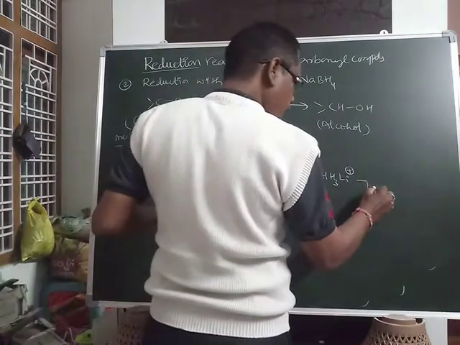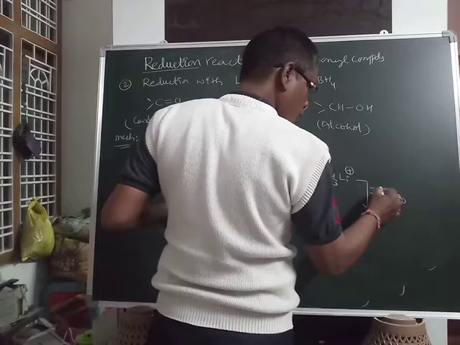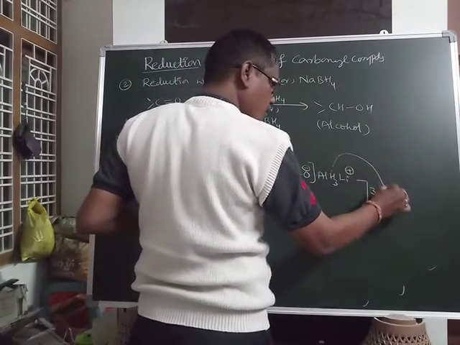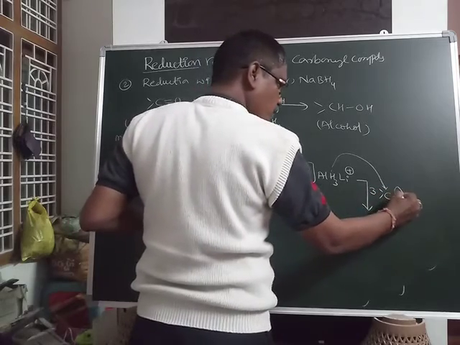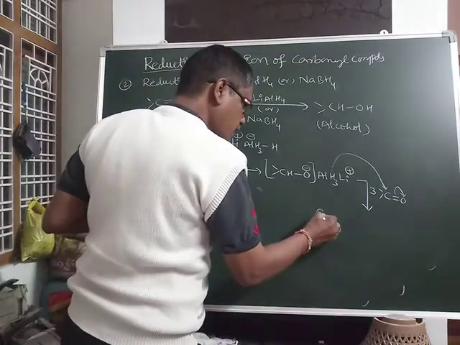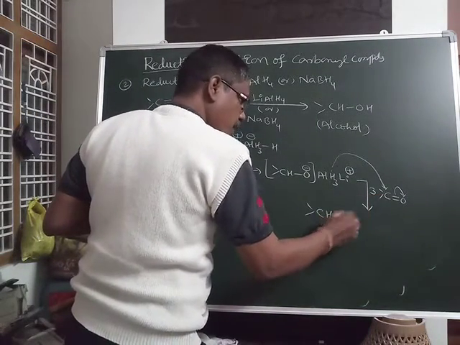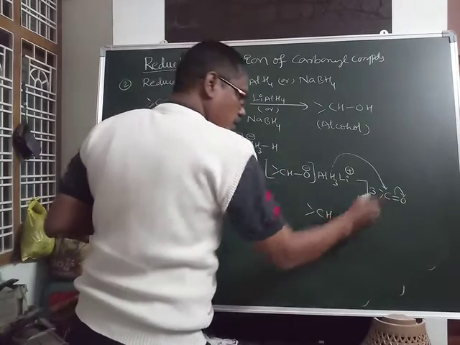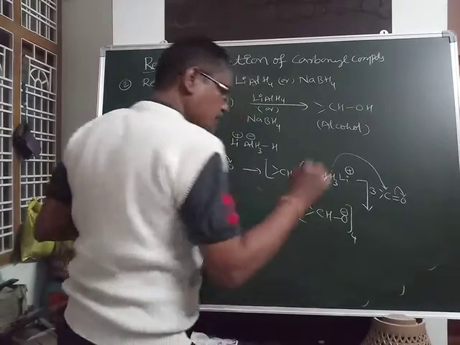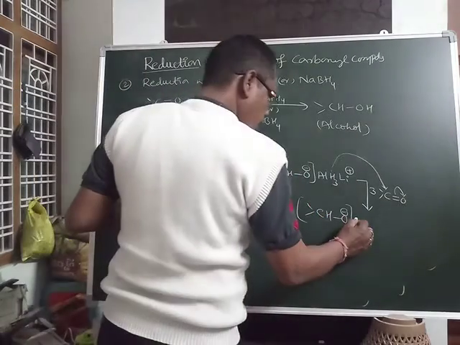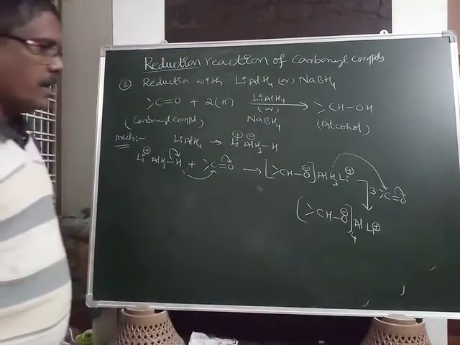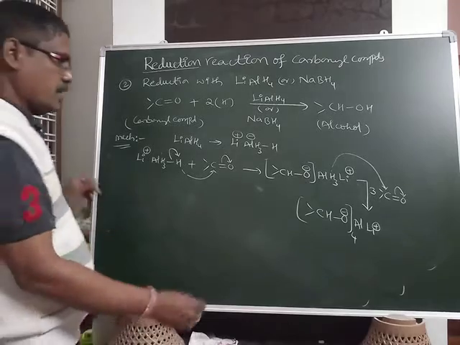The 3 moles of C double bond O groups take the 3 hydrogens. One is already present, so in total this is CH with 3 hydrogens, 1 here, and O minus, totally 4, with Al and Li plus.